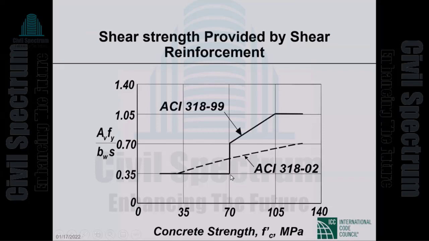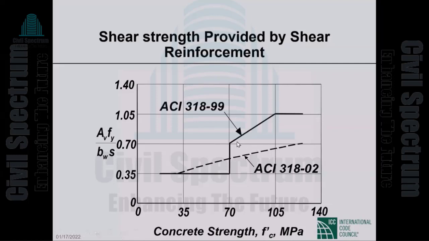When the concrete compressive strength exceeded 10,000 psi, if it were 10,001 psi, and we wanted to benefit from the shear contribution of the extra 1 psi compressive strength, we had to provide 2 times the minimum shear reinforcement. Okay, we had to apply a multiplier of 2 to the minimum shear reinforcement.